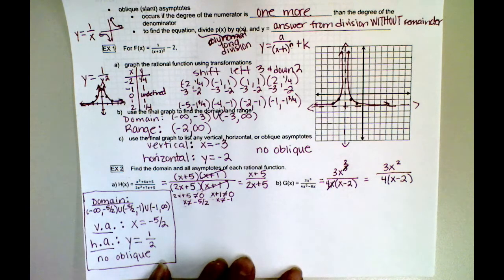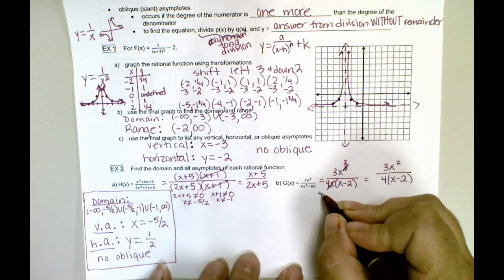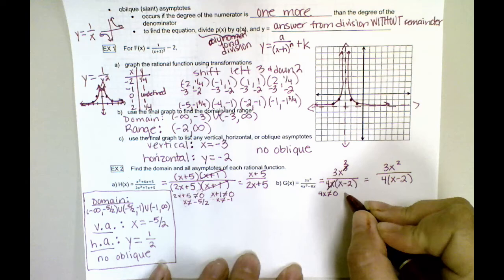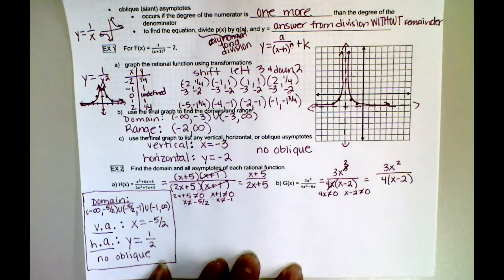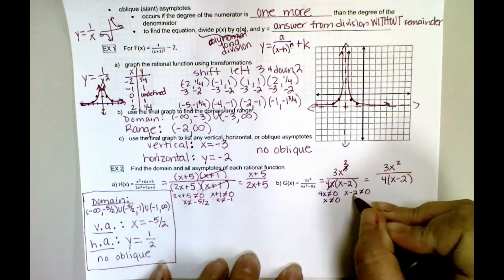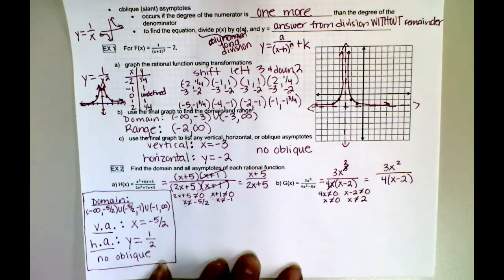Now again, when I go to do my domain, it has to be anything that would make my denominator 0. So this 4x can't equal 0. This x minus 2 can't equal 0. If I divide by 4 here, that means x can't be 0. Add 2 to both sides over here. x can't be 2.